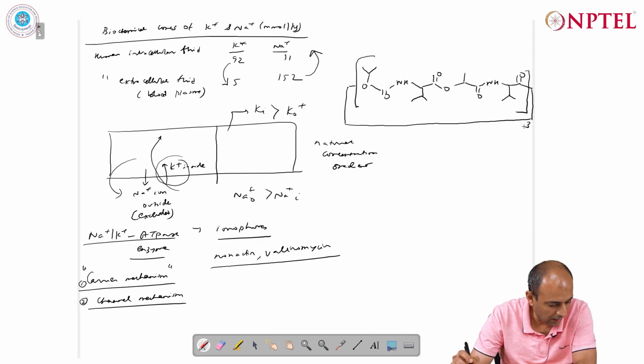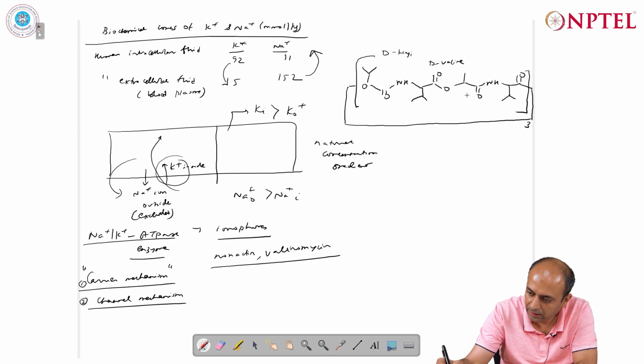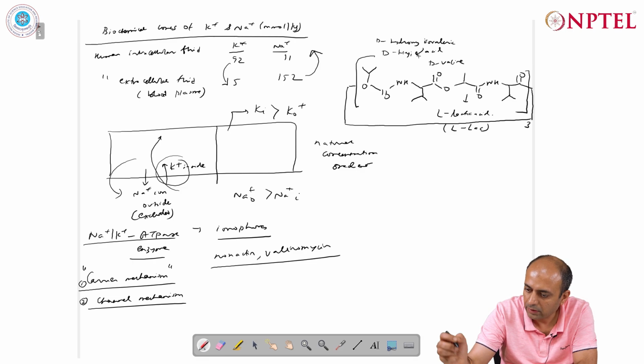So, this is 3 times. So, here we have got D-valine, this is lactic acid, and that is L-lactic acid, which we call L-Lac, this we call D-Val, and this is dihydroxyisovaleric acid, that is DHIV, and we have got the D-valine as well, and then this becomes L-valine.